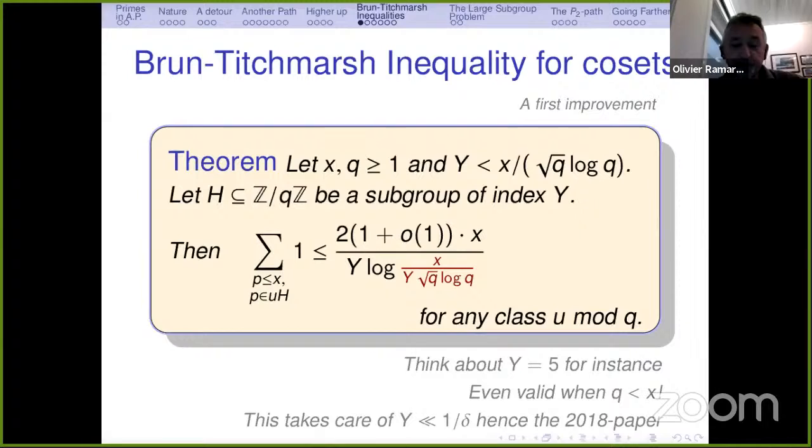And of course, you get x upon y times square root of q, log q. So it's essentially y upon q to the 3/2. And in Brun-Titchmarsh, you have x over q. So when y is very small, we have better results than the usual Brun-Titchmarsh. And when y is large, Brun-Titchmarsh is better. It would be better to have a result that crosses from one case to the other uniformly.